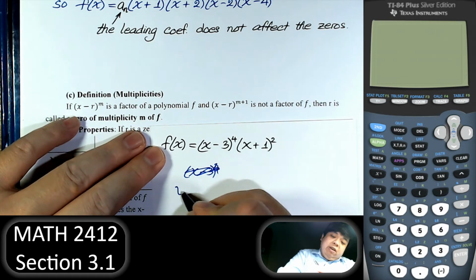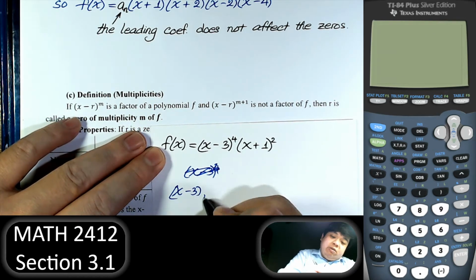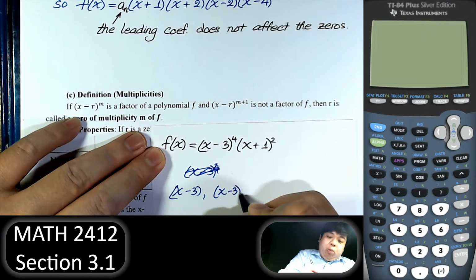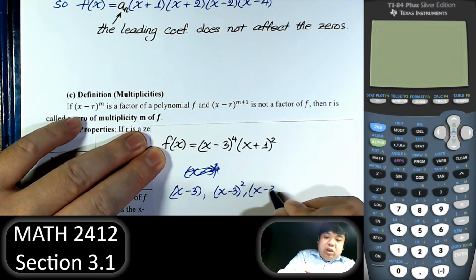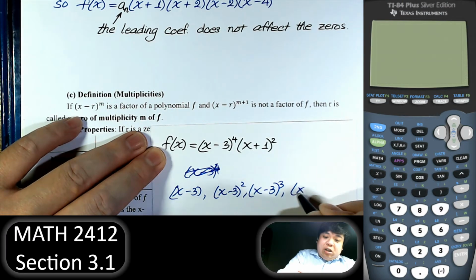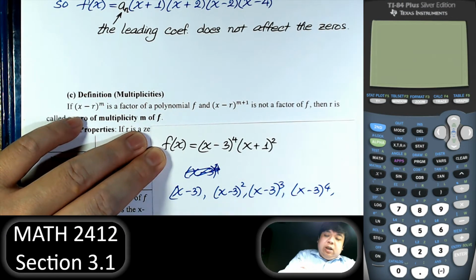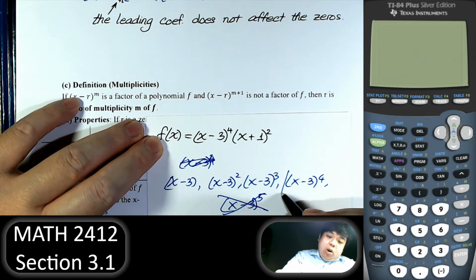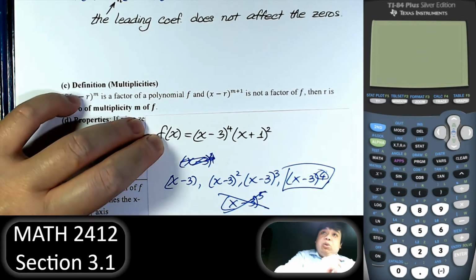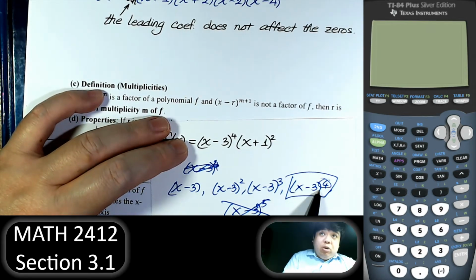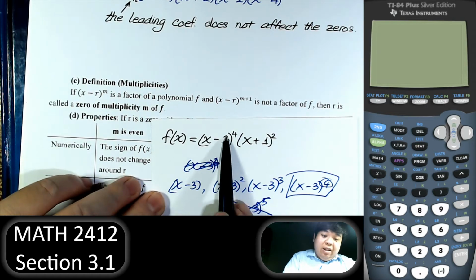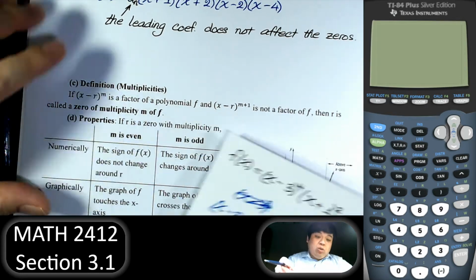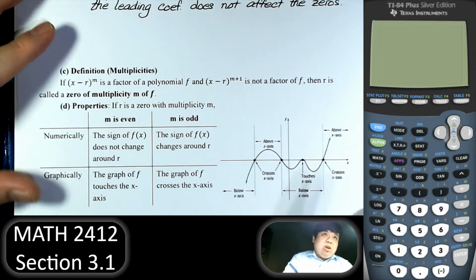So we may have x minus 3 is a factor, x minus 3 squared, x minus 3 cubed, and x minus 3 to the 4th, but not x minus 3 to the 5th. So we will take the one with the highest degree, and that gives us the multiplicity of that 0. Right, so that's why we define multiplicity that way.